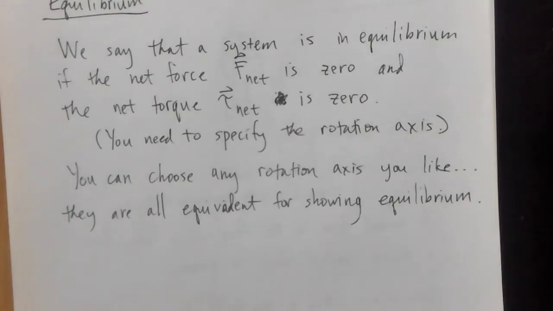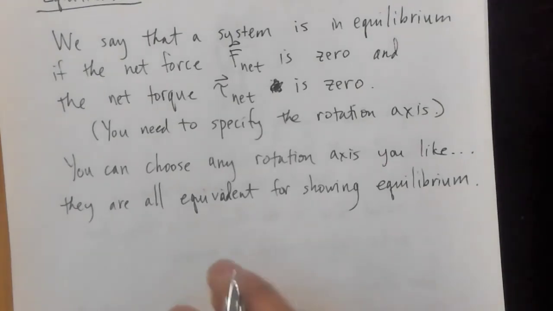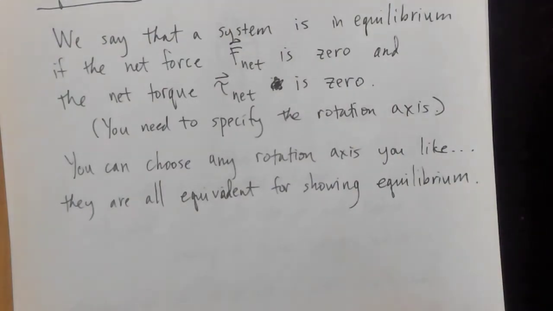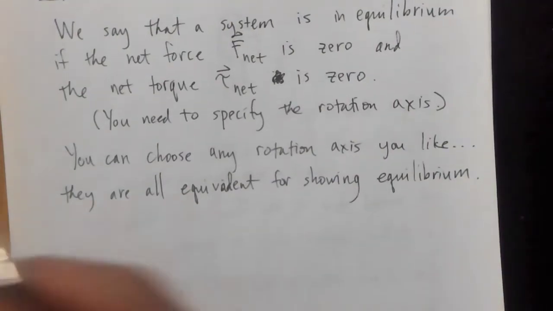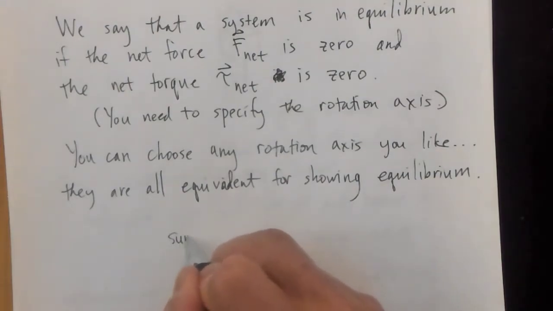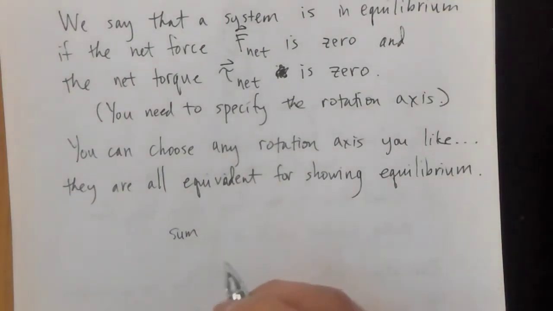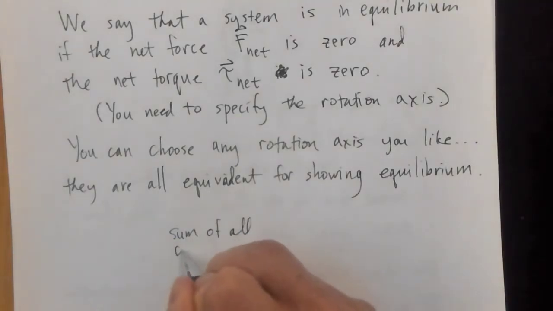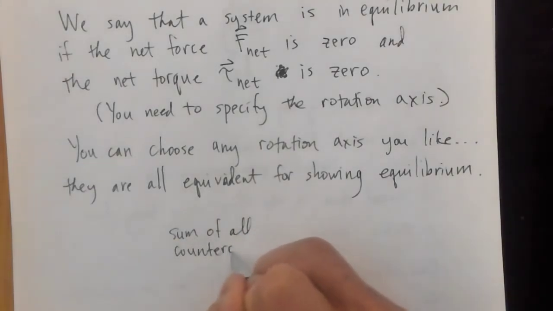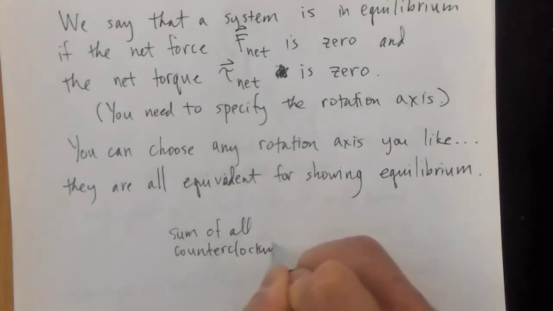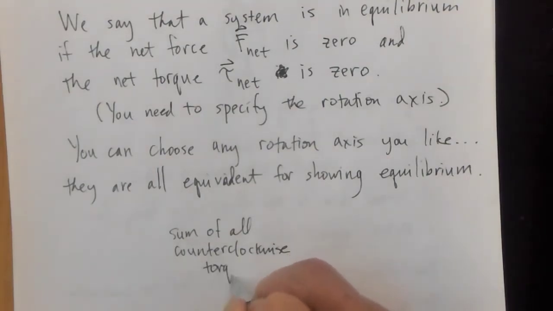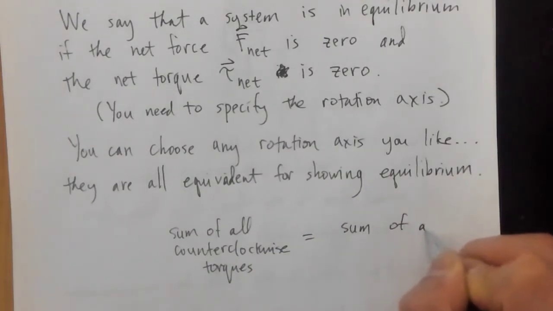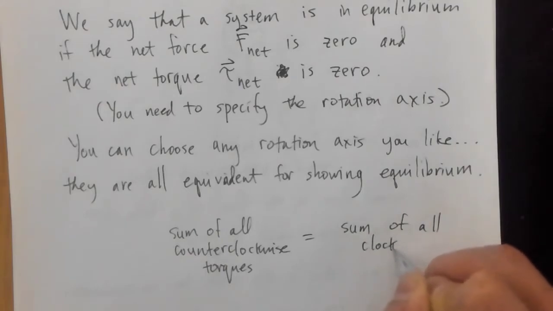All right. Very often, in order to keep things straight, sometimes I like to do the following. You can use positive or negative, but one of the things I've done in the past when I've taught this class is I like to write that the net torque is equal to zero in this way: the sum of all counterclockwise torques equals the sum of all clockwise torques.